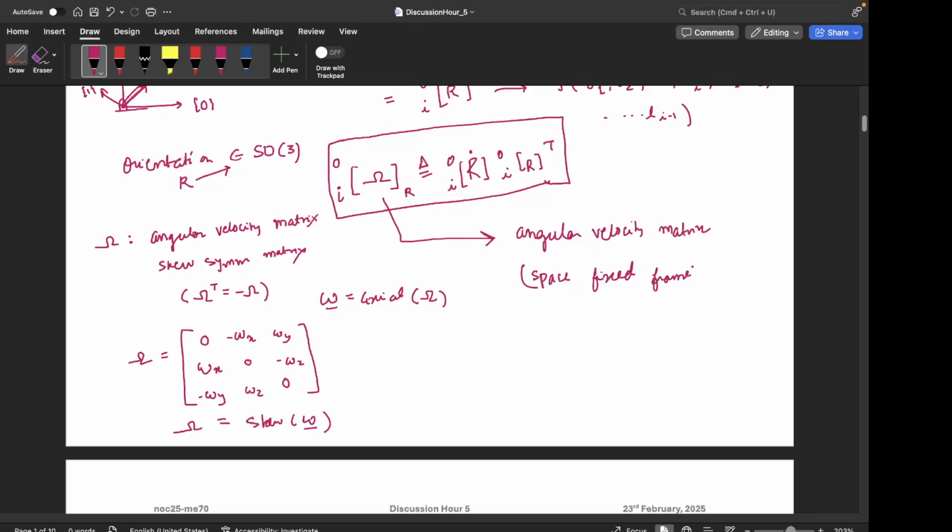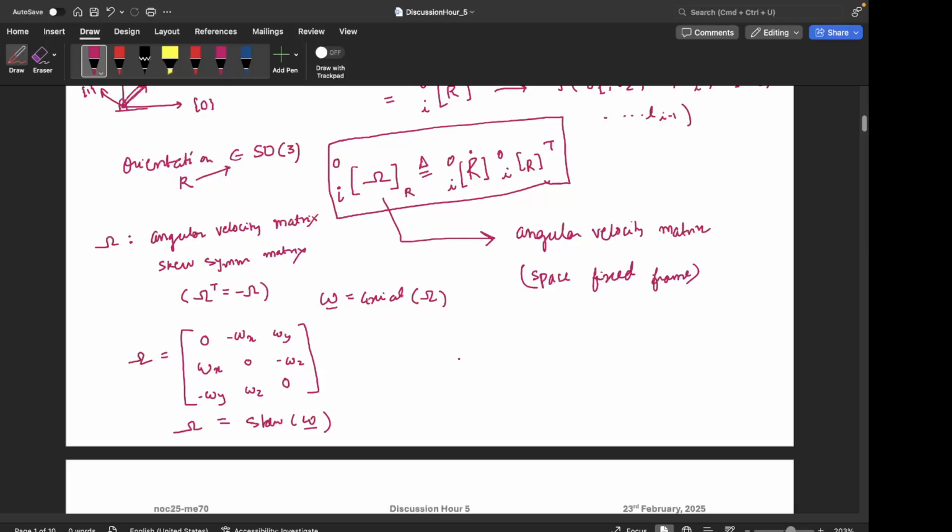That is an important point. There is an alternate variation in which we can get the velocity in a body fixed frame, where the order of this multiplication switches around. But in general we will use this expression of the angular velocity matrix.